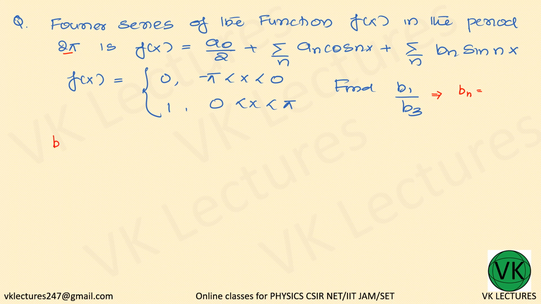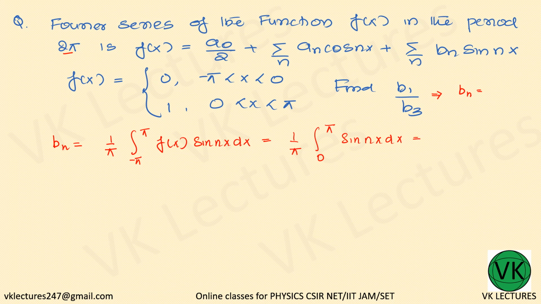Okay, so bn equals 1 by pi integral, the limits are from minus pi to pi, f of x into sine nx dx. So f of x here, when you split it, you will have a value only in the first region, so 1 by pi integral 0 to pi sine nx dx.